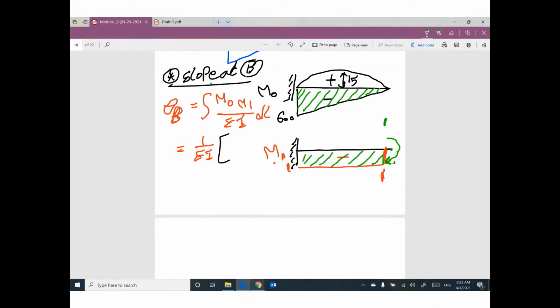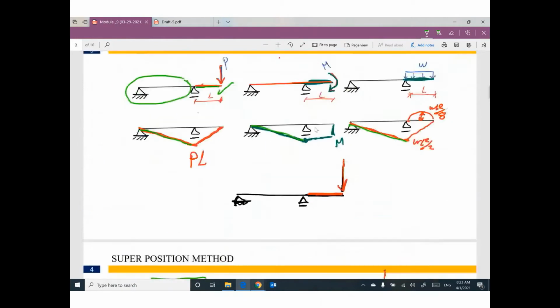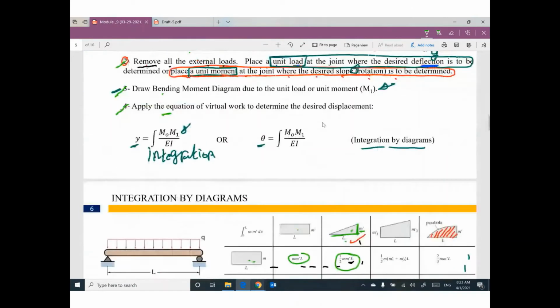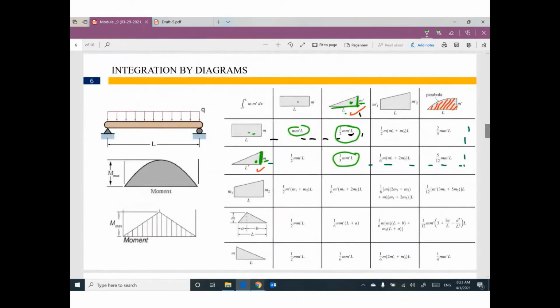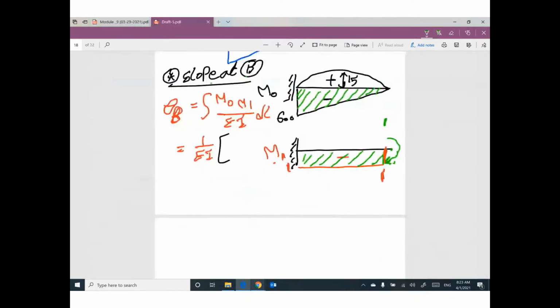What is the case? Triangle with the rectangle. So we have 1/2 times M times M times L: 1/2 times this M negative 600, times this M negative 1, times this length L, 10.